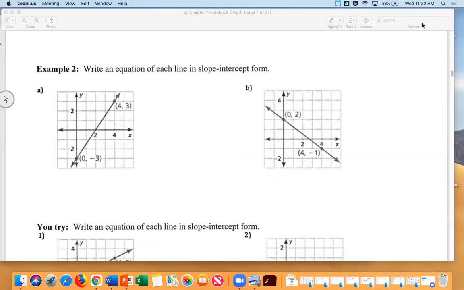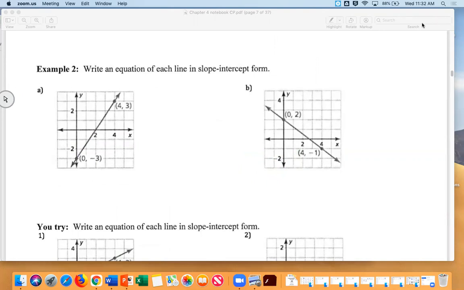Maddie, we need two things to write the equation of a line. What are they? Slope and the y-intercept. Now, those two things can be found in a graph, and they're pretty simple to find. First off, slope. Slope is how we get from one point to another point.